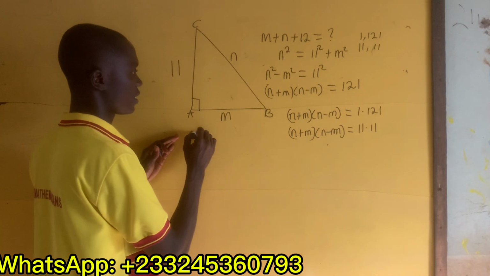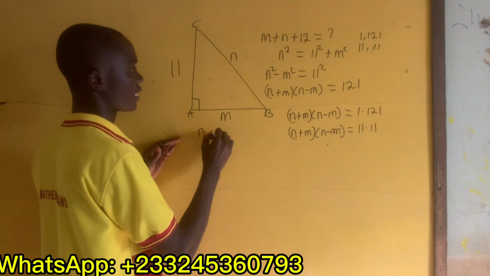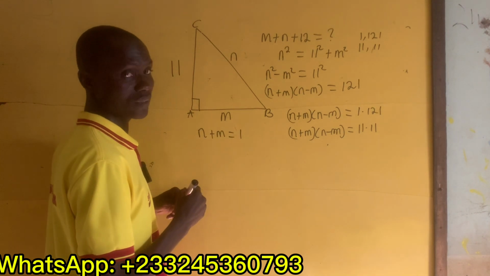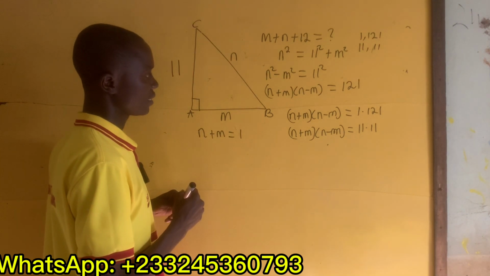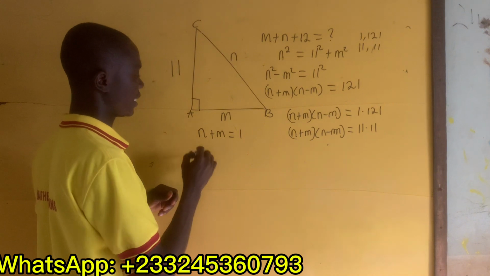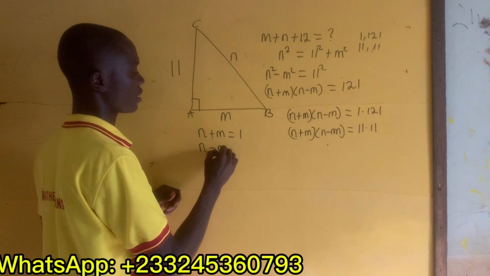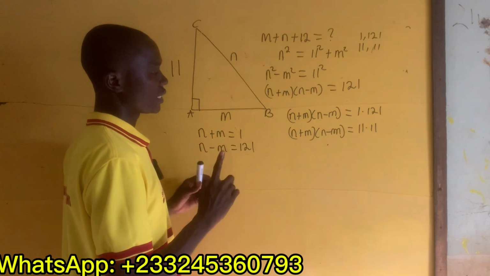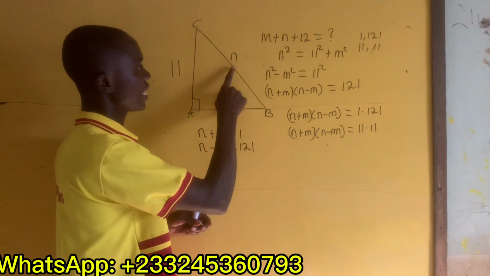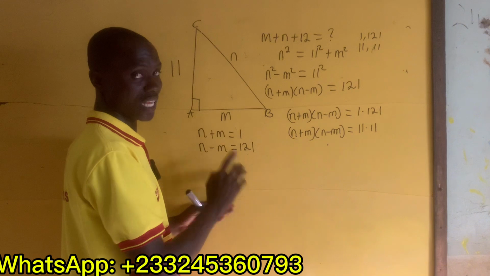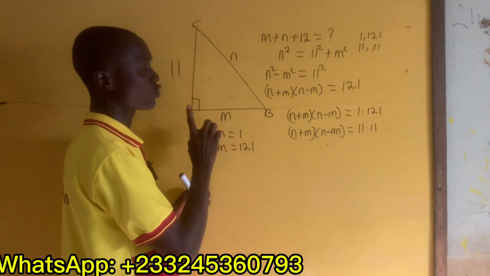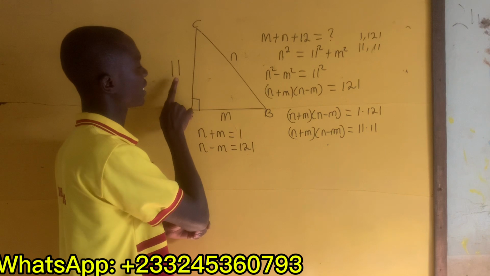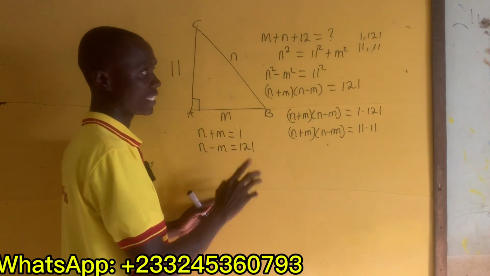So we have the first one, n plus m equals 1 and n minus m equals 121. Now look at this. Here, n is greater than m, because this is a right triangle and the hypotenuse is always greater than this side and also greater than this side.